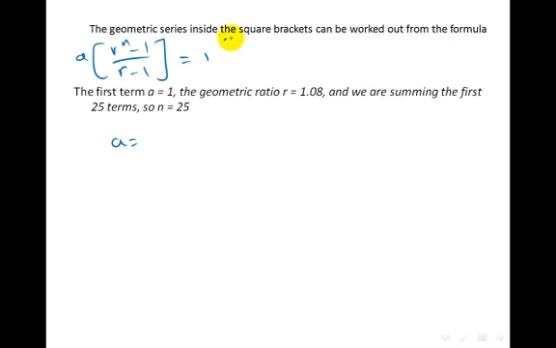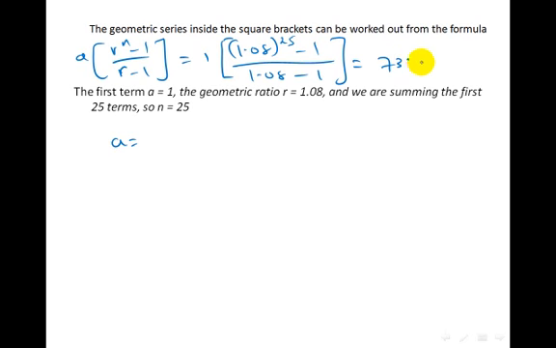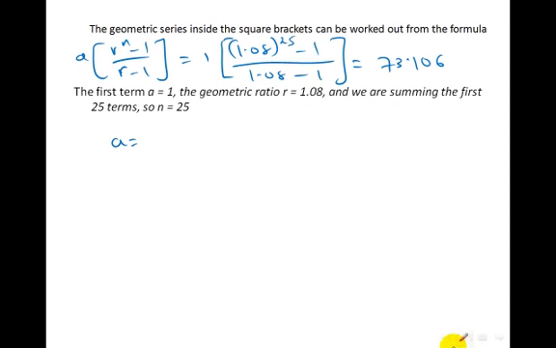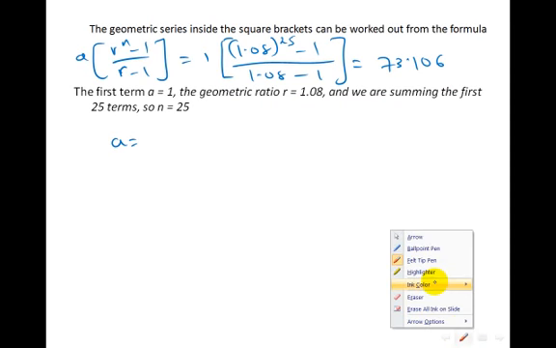So a is just 1, r is 1.08, to the power of 25 minus 1 over the value here. So this was the number that was being multiplied with the 12x.